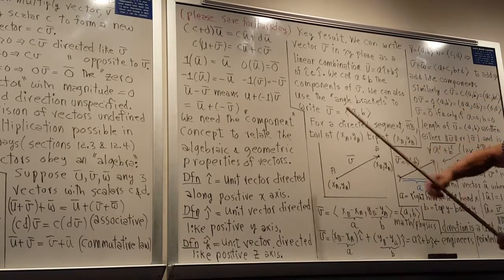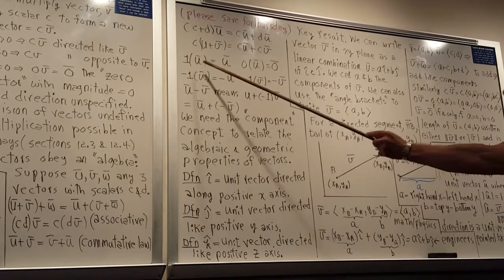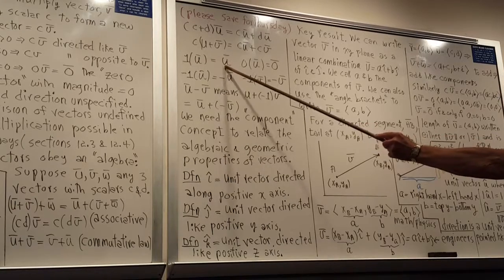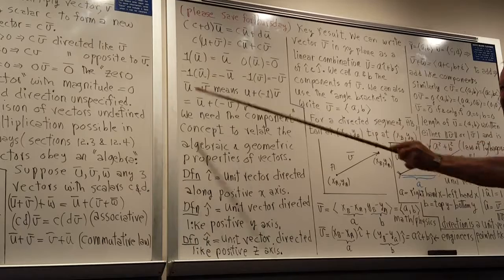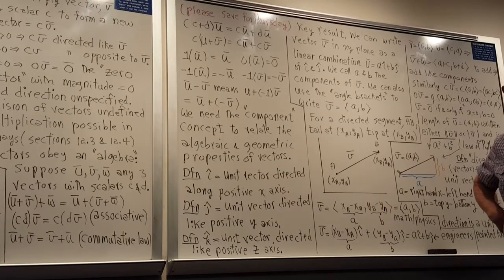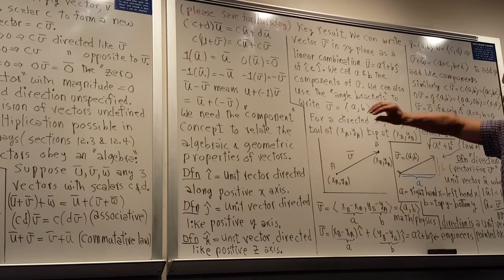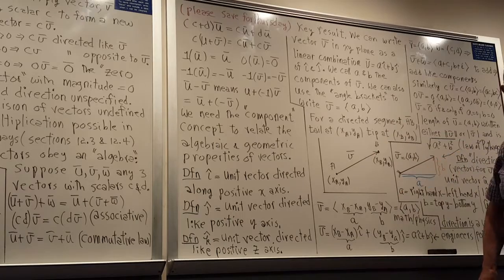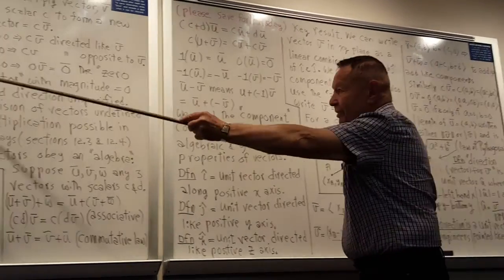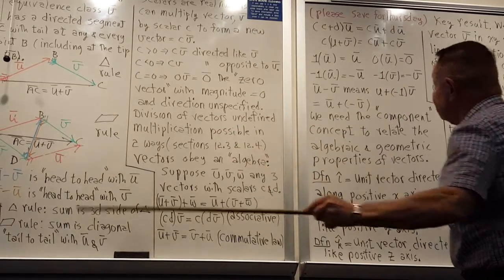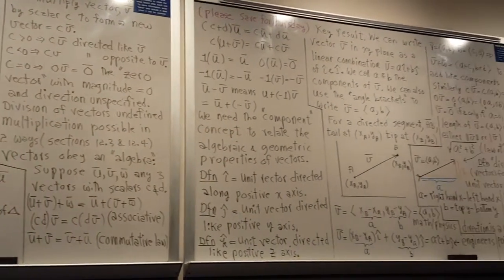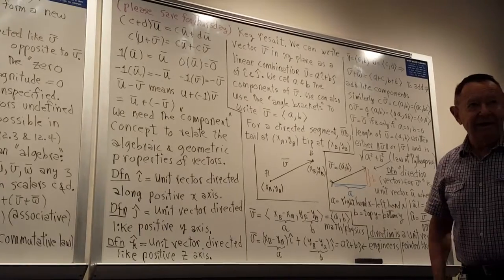Either way works. 1 times the vector is the vector, which you would think is how we use the number 1, but when you're doing a different kind of addition than you do for numbers, you have to say whether you can really do that the same.